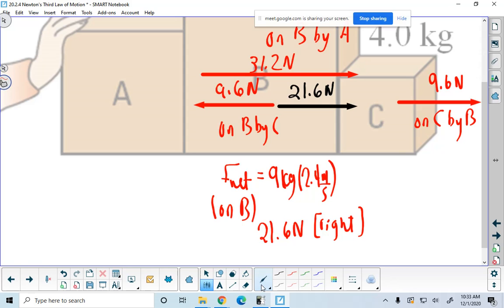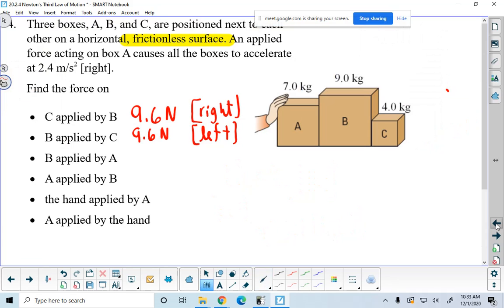So, the force on B by A is 31.2 newtons. We can add that to our list. The force on B by A is 31.2 newtons to the right. And that means that the force on A by B would be 31.2 newtons to the left. And then we're going to repeat the process now.